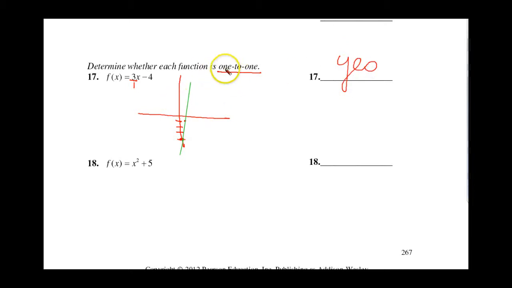This is a one-to-one. Now this one, you may or may not recall, is a parabola, and it's going through at 5 here. 1, 3, 4, 5, and it looks like so. Now, as we do the vertical line test, is this a function? Yes.